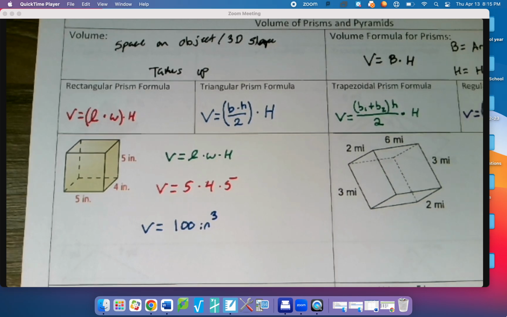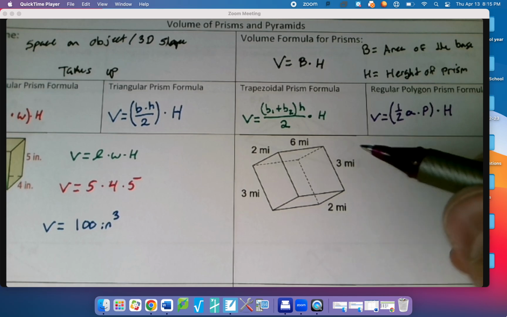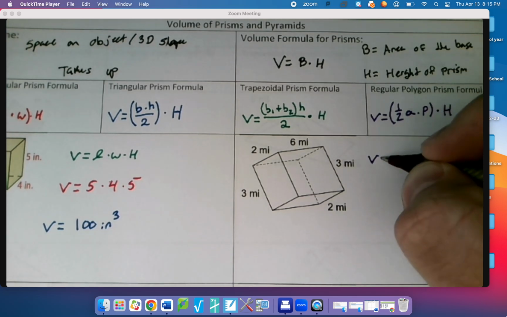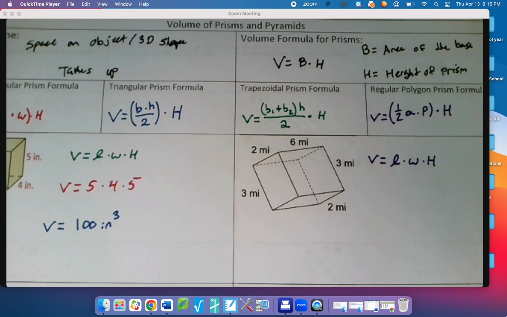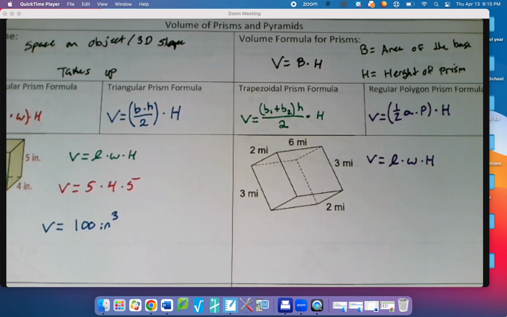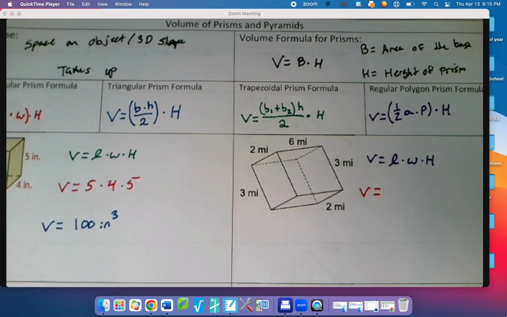All right, let's look at this next rectangular prism over here. Because it's a rectangular prism, the formula that we intend to use is length times width times height. You might feel, why are you asking us to write down the formula, Carlisle? Well, in these initial problems, you're right.